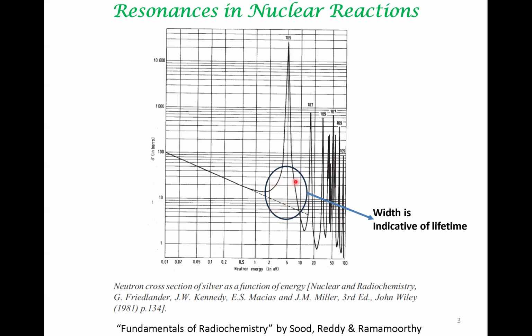The information on the width is indicative of the lifetime of these states. You have to take a more detailed course in chemical dynamics or nuclear dynamics to understand these things more quantitatively. But all we have to take away is that it has a lot of information about the structure of the nucleus and the energy levels that are present.